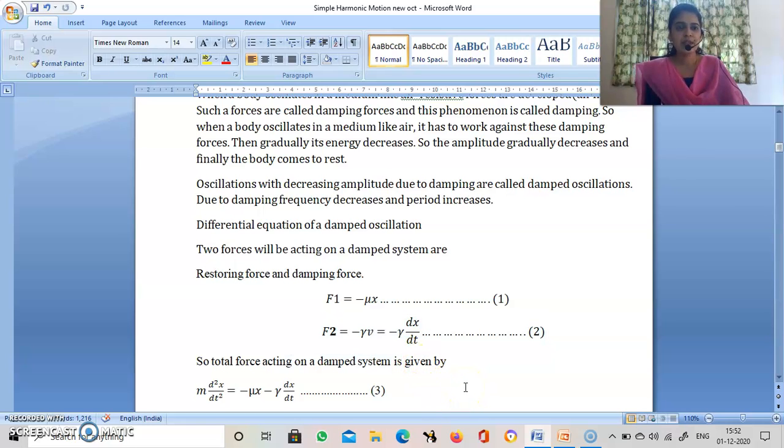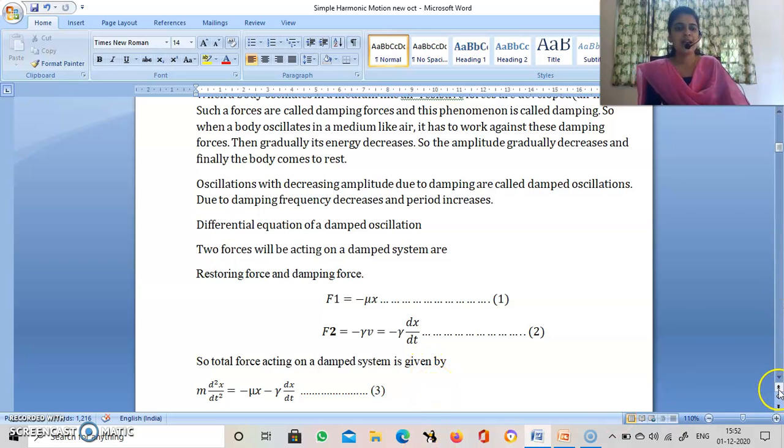Now, the total or resultant force acting on that system we can write as F is equal to F1 plus F2. In a damped harmonic oscillator, the two forces acting on that system are the restoring force and the damping force. So the resultant force F is equal to F1 plus F2, which is equal to minus mu x minus gamma dx by dt.